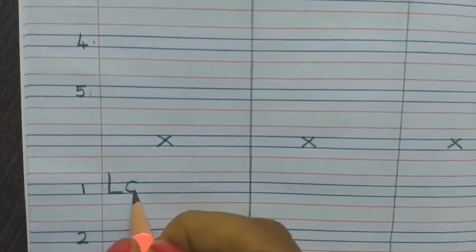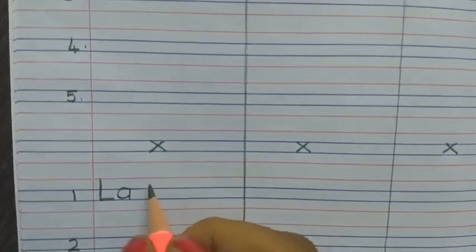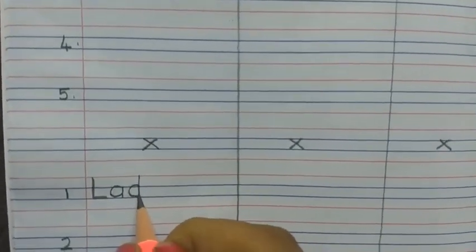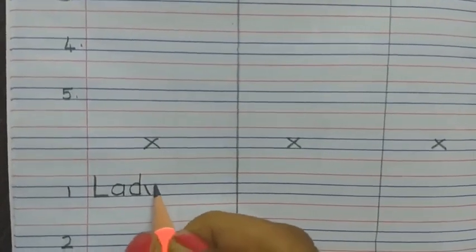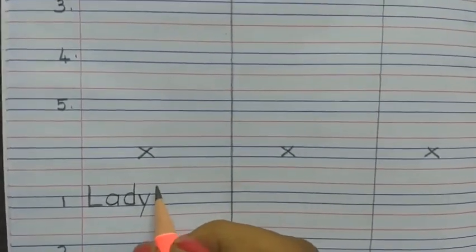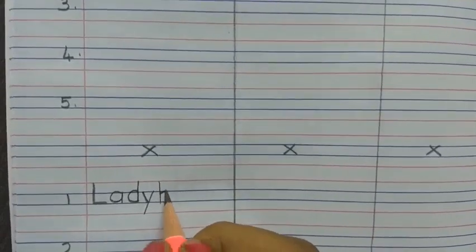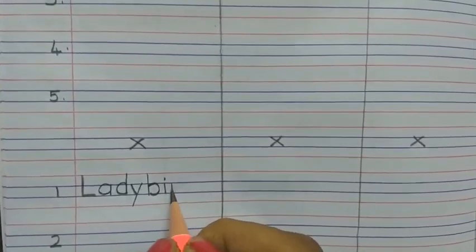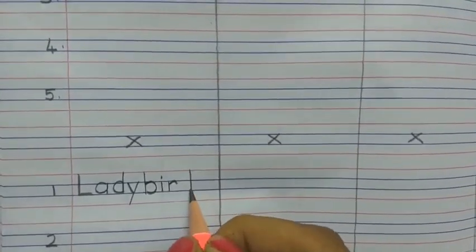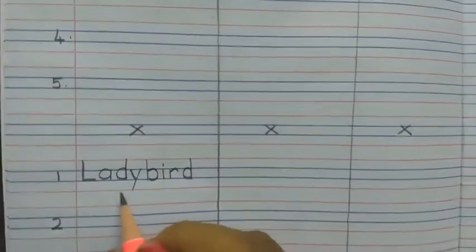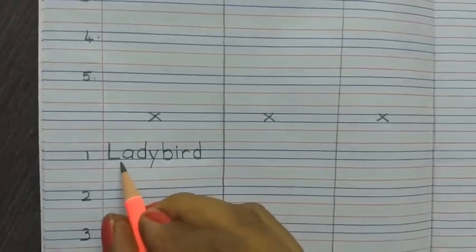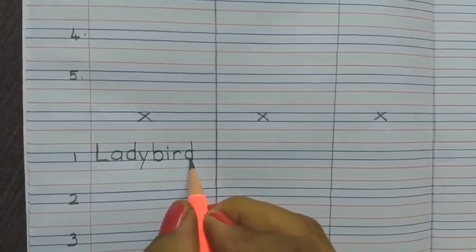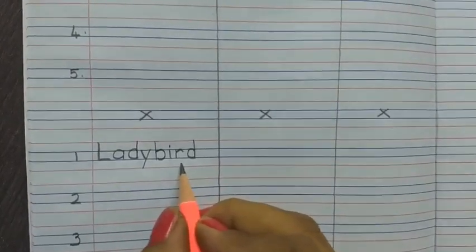A, D, Y, B, I, R, D. Ladybird. L-A-D-Y-B-I-R-D. Ladybird.